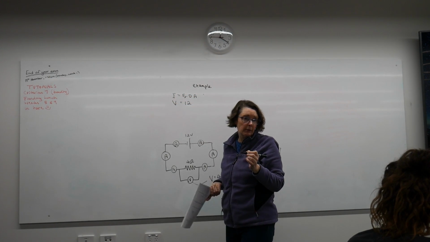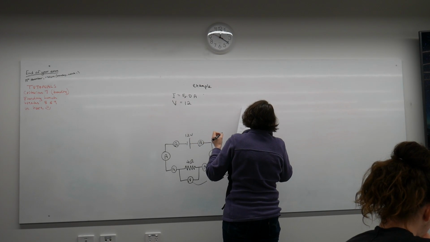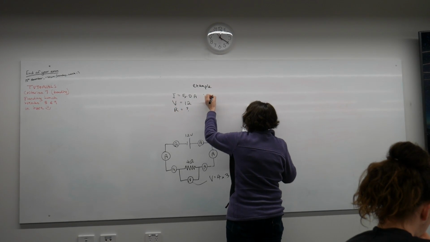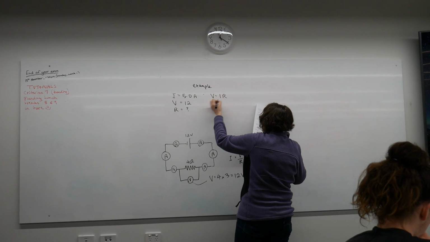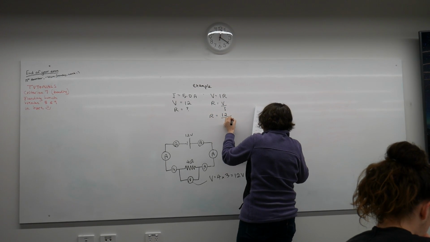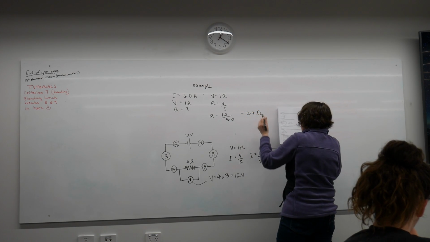We should all know that that's the 12 volts in the car. And we want to know the resistance. So V is IR, so R is V on I. R will equal 12 divided by 5, which gives me 2.4 ohms.